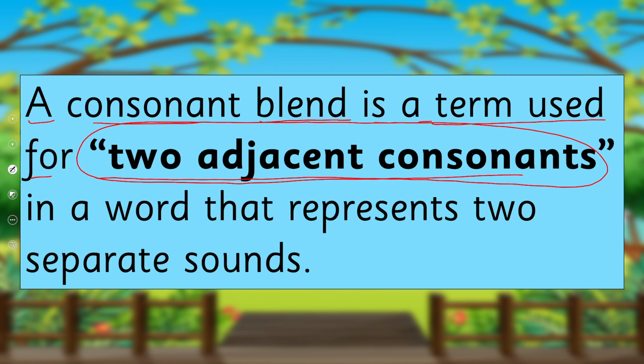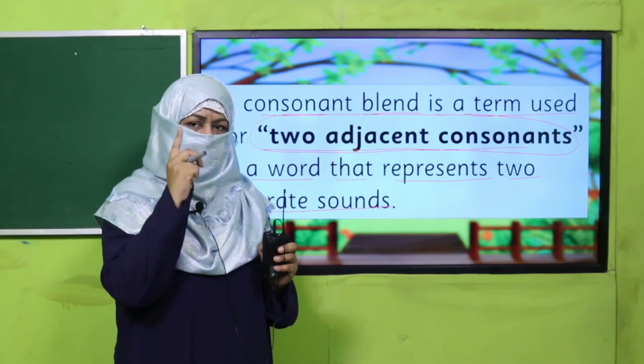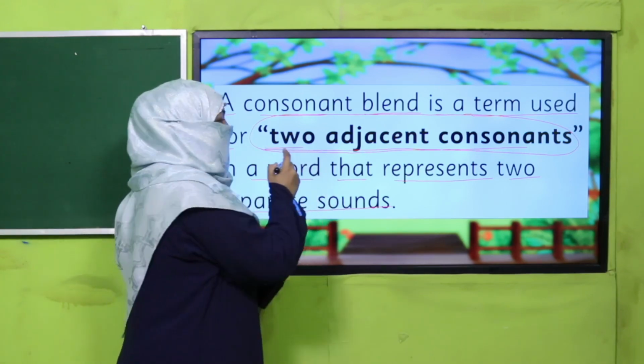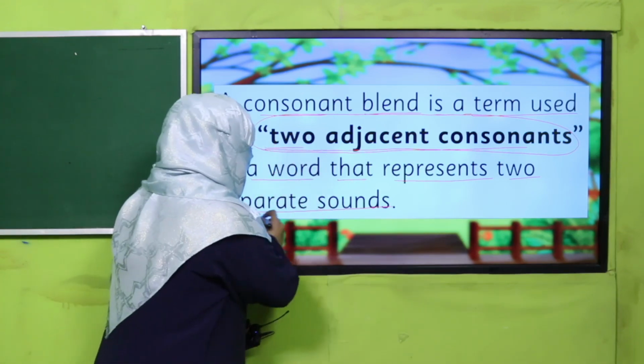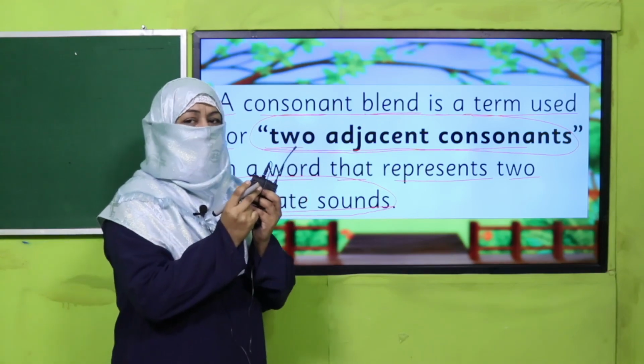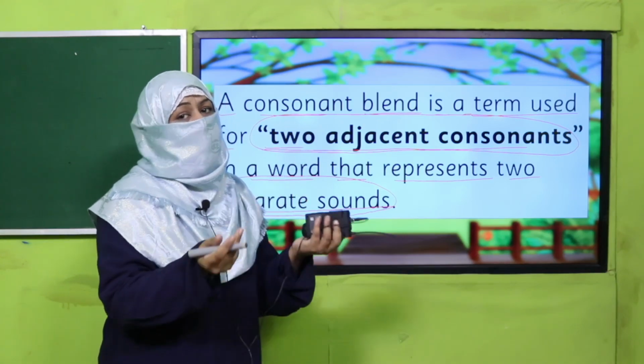It means 2 consonants are coming together and represent 2 separate sounds. So whenever you find 2 consonants in one word, how will you pronounce it? You will say the individual sound of both consonants, and you will blend those sounds. That will become a consonant blend.